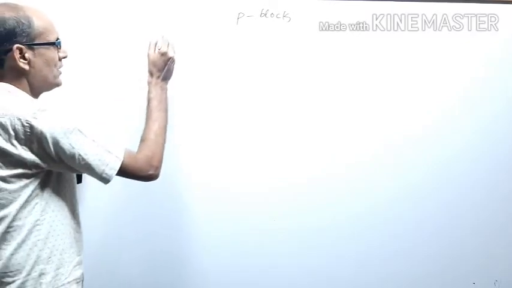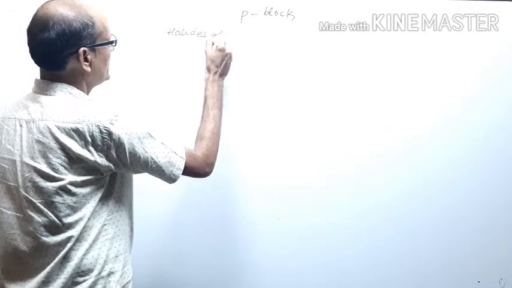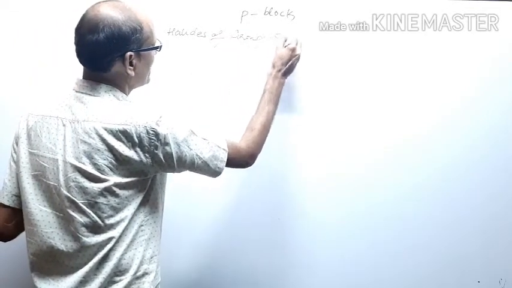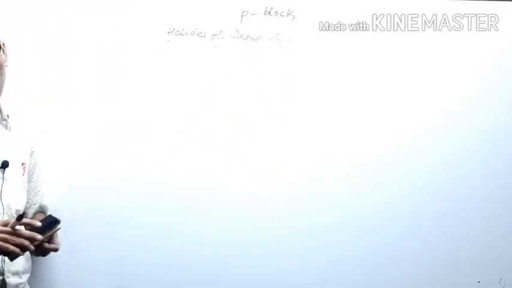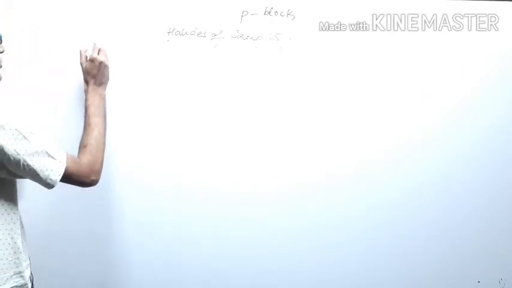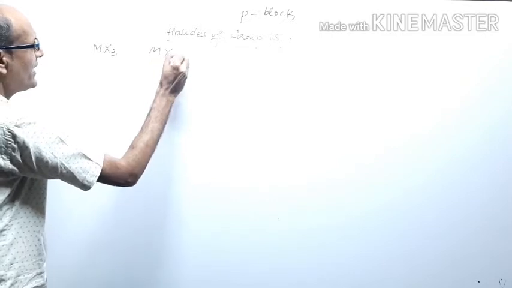Now moving towards the halides of group 15. Group 15 elements can form two types of halides in the form of MX3 and MX5.